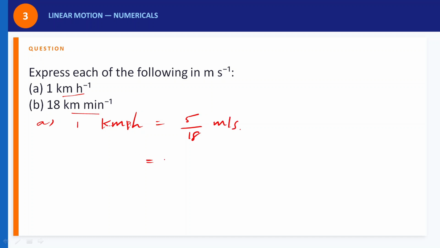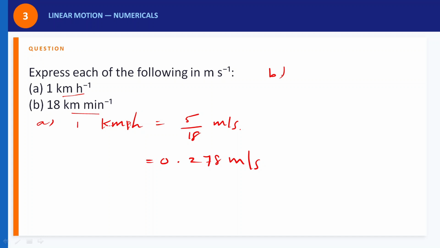If we divide 5 by 18, you will get 0.277, etc. So simply we will write here 0.278 meter per second.